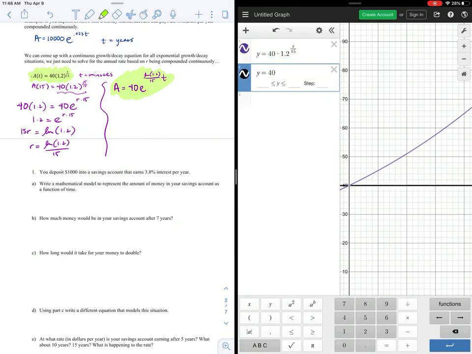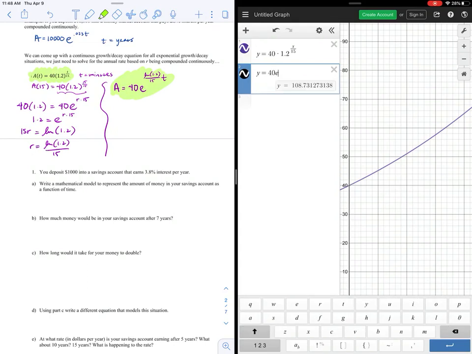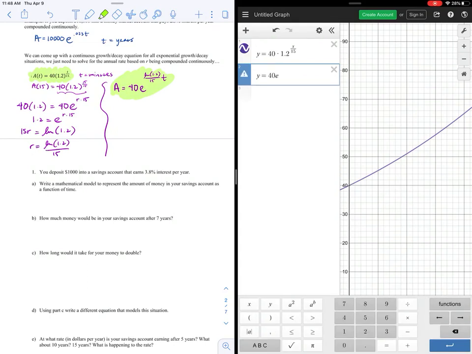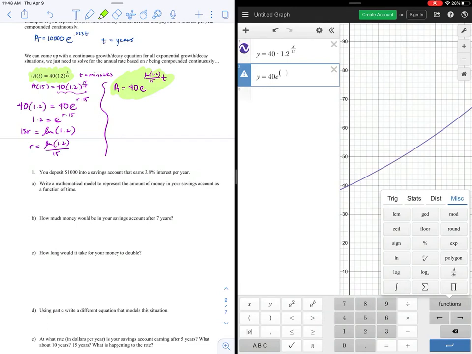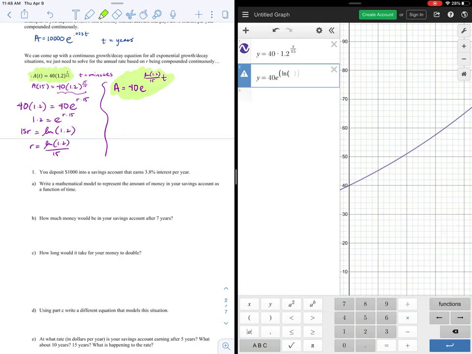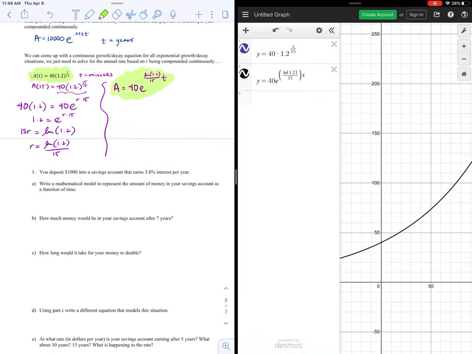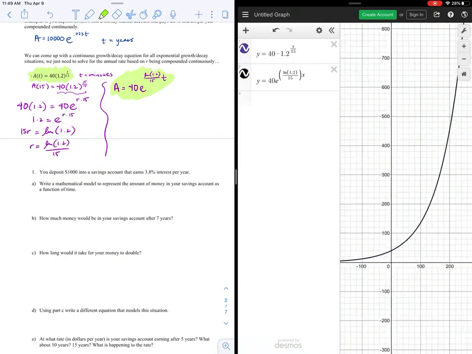And then if I type in the other equation, so y equals 40 times e to the, I'm going to use parentheses here, ln of 1.2 divided by 15 times x. Okay, so I don't know if you saw that, but those two graphs end up overlapping each other exactly.